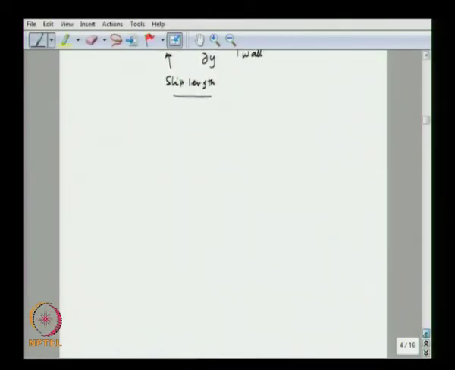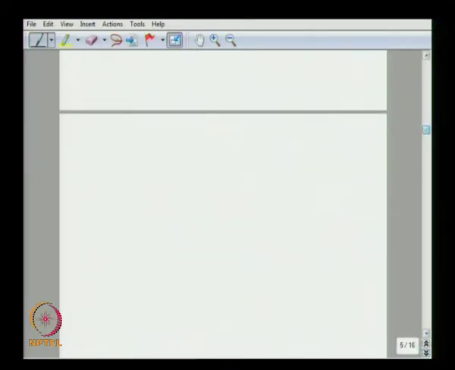So let us talk about the slip boundary condition in gas flows. We know that the no slip boundary condition is valid when the Knudsen number is less than 0.001, and we can think of using Navier-Stokes equation where we may need to apply slip when Knudsen number is less than 0.1.